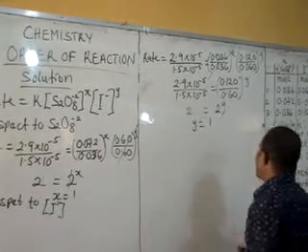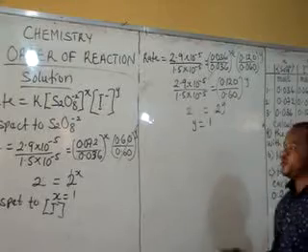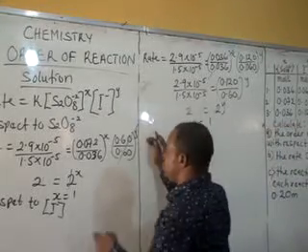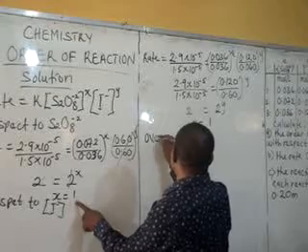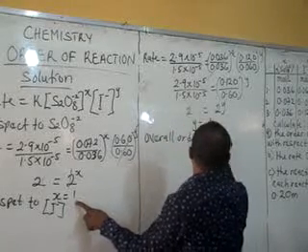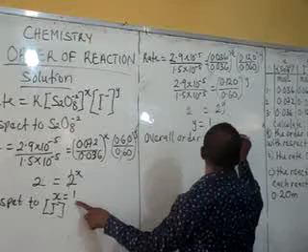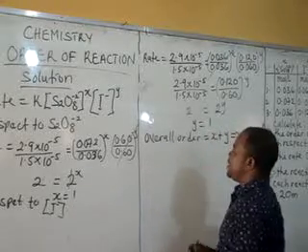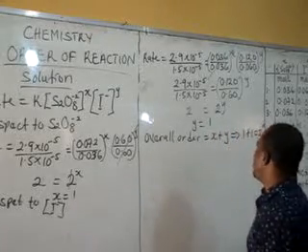And then you can be asked the answer to this question. If you want to calculate the overall order, the overall order is going to be 2. Overall order will be x plus y, which is the same thing as 1 plus 1. That will give you 2. That is if you are asked to calculate the overall order.